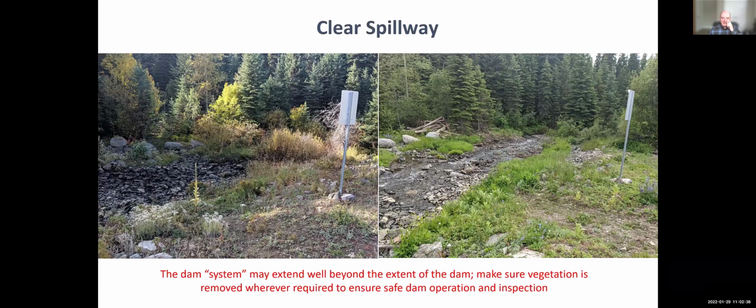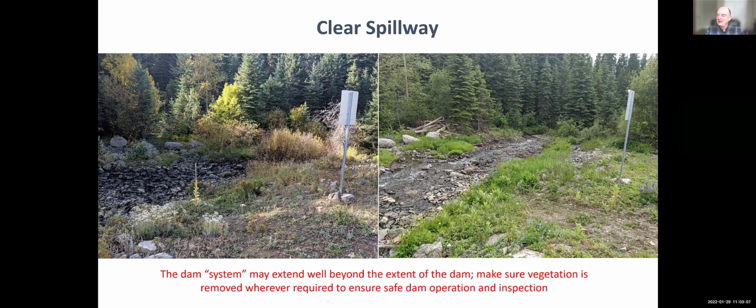Here's a before and after shot of a small spillway. So the dam is behind the person taking the photograph, and there was vegetation in here getting a little bit thick. They've removed most of that vegetation, including some other logs and debris, just to open that up a little bit so that the spillway is there when you need it.